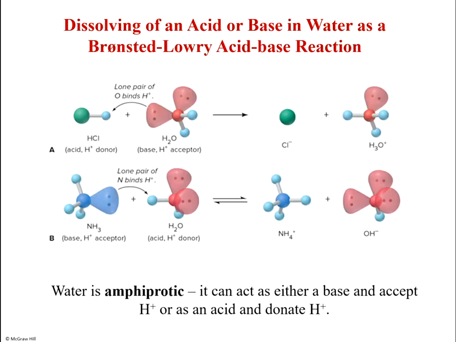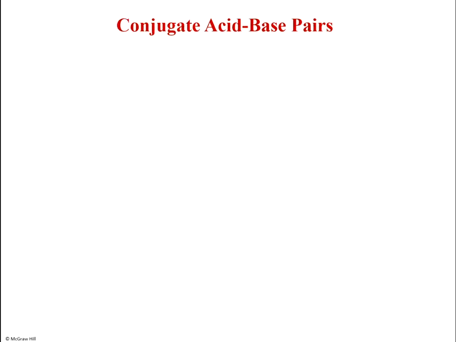In water, ammonia can abstract a proton from water to form the ammonium ion and hydroxide ion. Now in these two reactions, we can see that water is acting as a base in one instance and as an acid in another instance. So water is what we call an amphiprotic system. It can act as either a base and accept a proton, or as an acid and donate a proton, depending on the conditions.